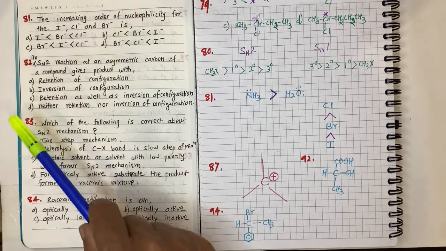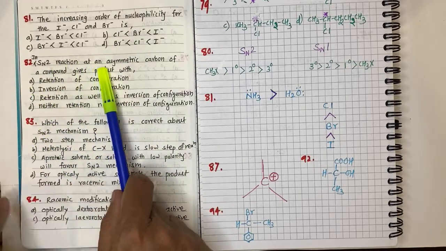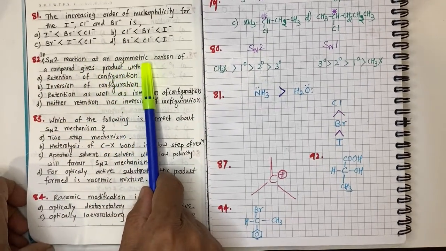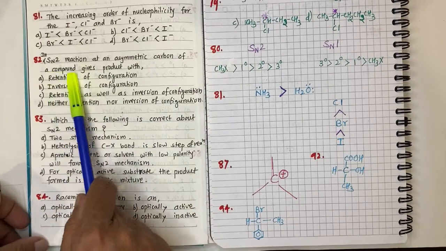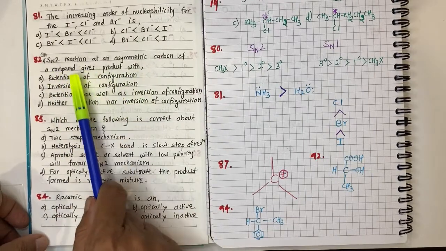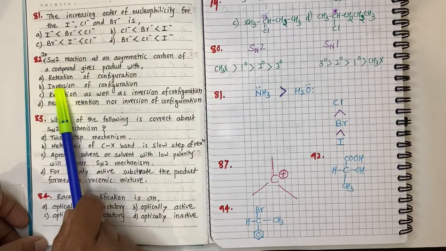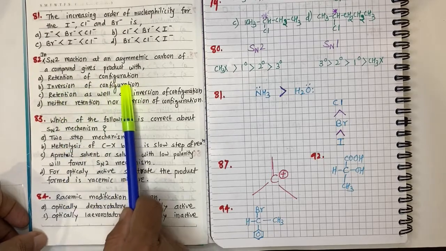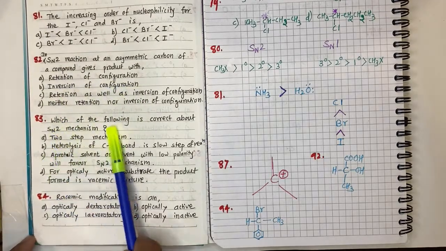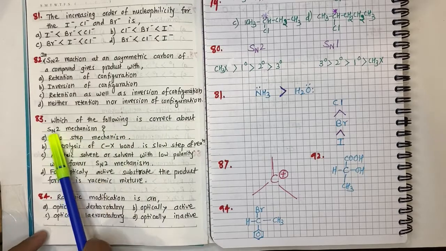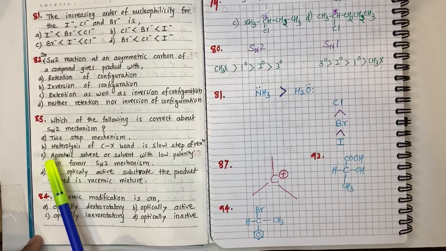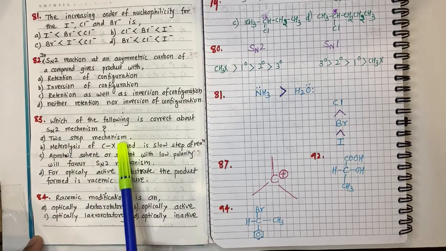Okay, next, an SN2 reaction at an asymmetric carbon of a compound gives a product with inversion of configuration. Okay, next, which of the following is correct about SN2 mechanism? Now, two-step mechanism, no, this is wrong.